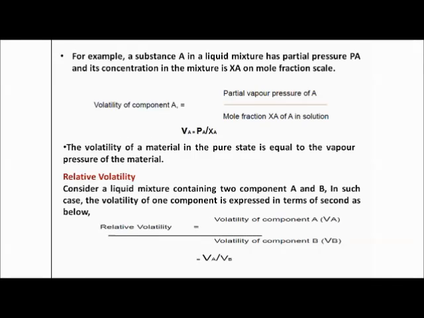How is it expressed? Relative volatility, generally designated with the sign alpha, is equal to the volatility of component A, that is VA, divided by the volatility of component B, that is VB. So this is the relative volatility.